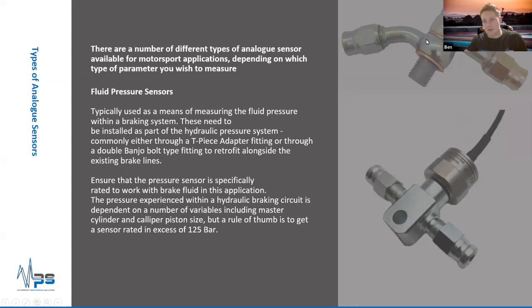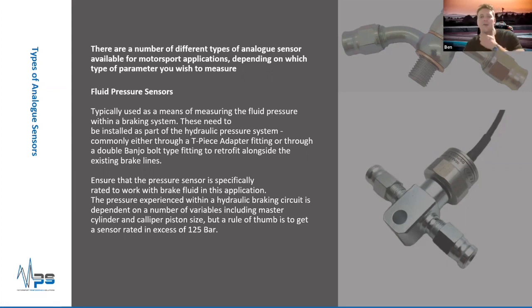The other way of doing this, if you've already got established brake lines, a braking system that uses a banjo bolt to connect to the master cylinder or another joint in your system, is you can get these extended, called double banjo bolts, which essentially allow you to break into the circuit and add your own specific line, which would go to a brake pressure sensor and nothing else, without the need to modify the braking lines that are already there.